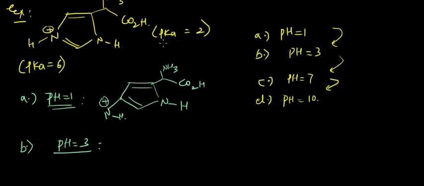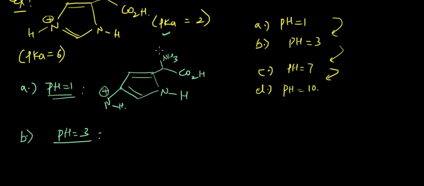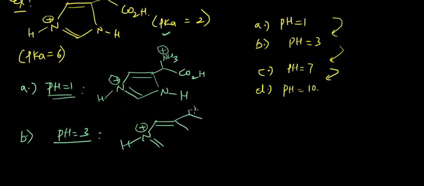At 3, since the pK value of this was 2, this would convert itself into CO2 minus. So we'll have something like this. Rather, this was N attached here, beg your pardon, I drew it wrongly. So N is here and H is here, and CO2 minus here.